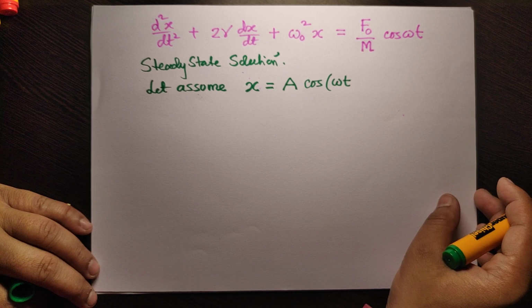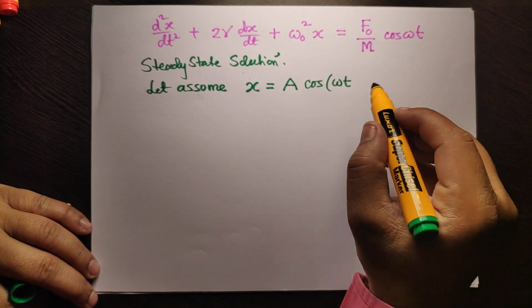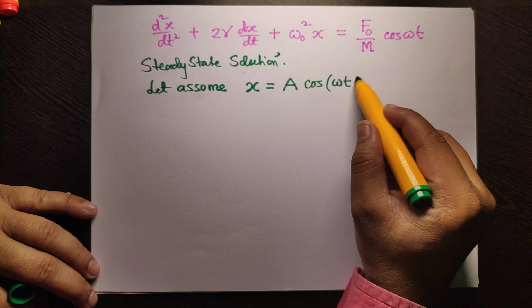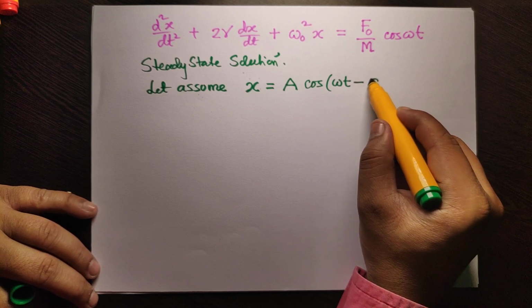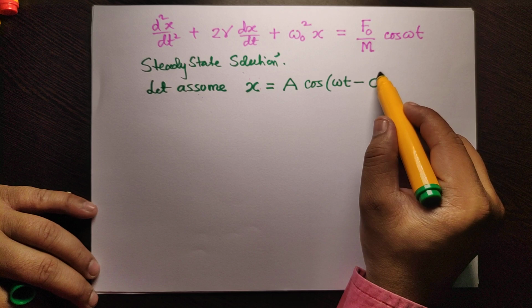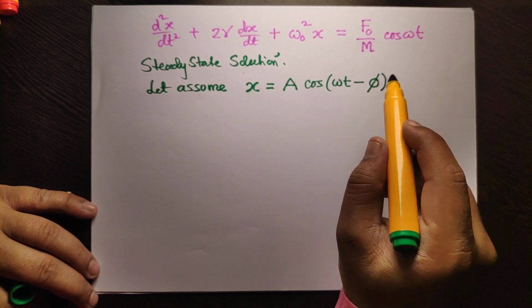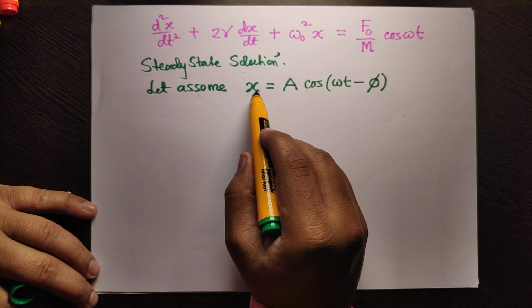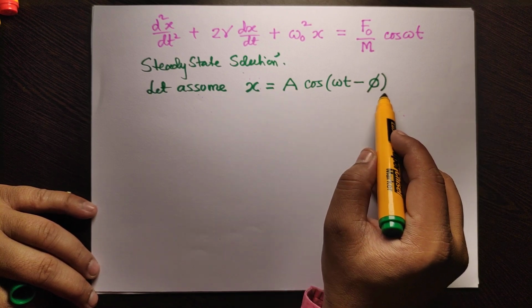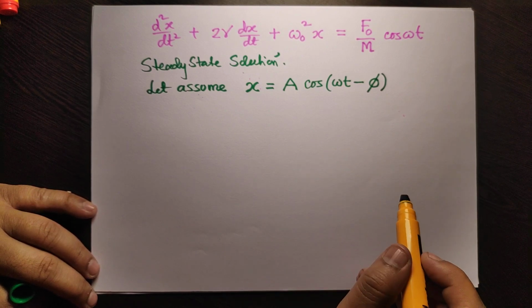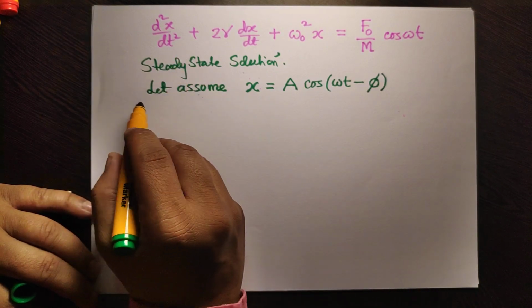There may be a phase lead or a phase lag. So here suppose the phase of x is phi less than the phase of the external periodic force. Okay. Now let's substitute here and solve.